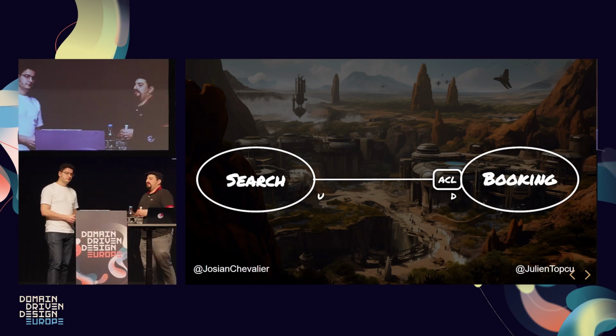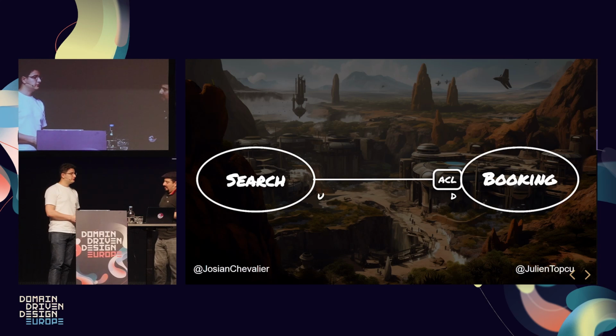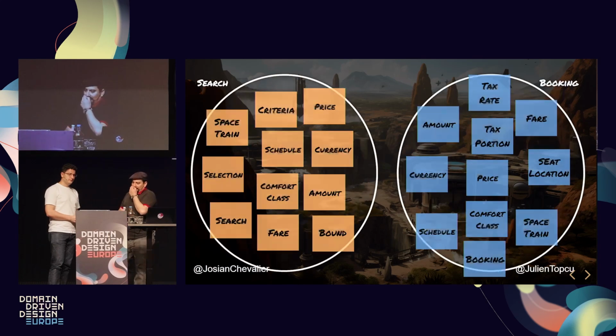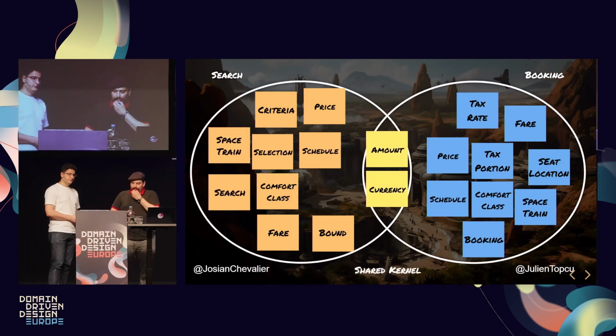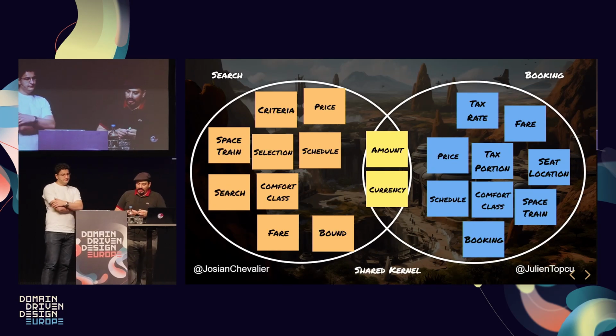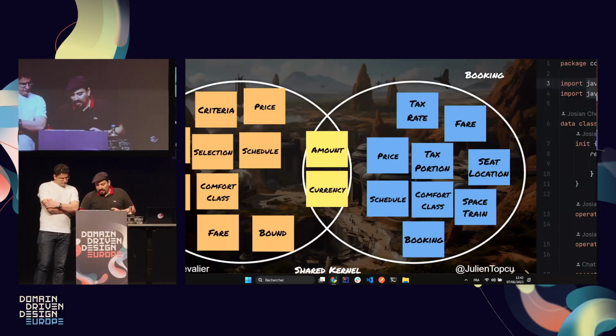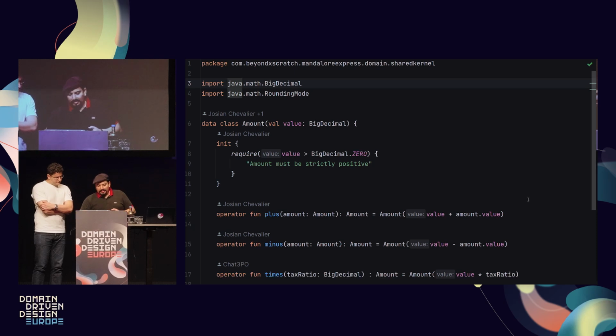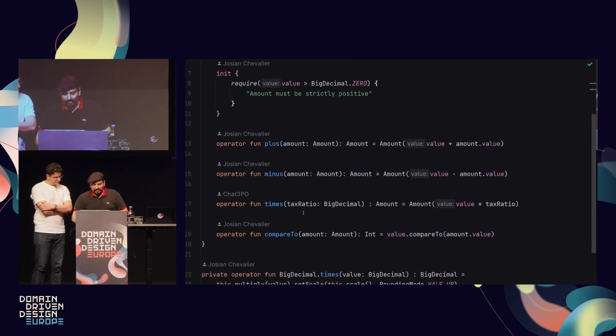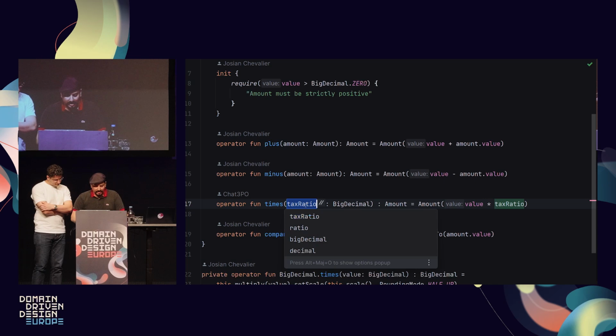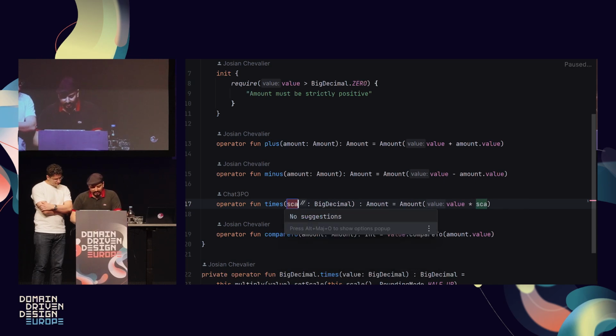I think there is another option as well. What are you thinking about? OK, so let's go back to the residual shared kernel we had. What if the tax ratio here, I rename that to something like scalar?